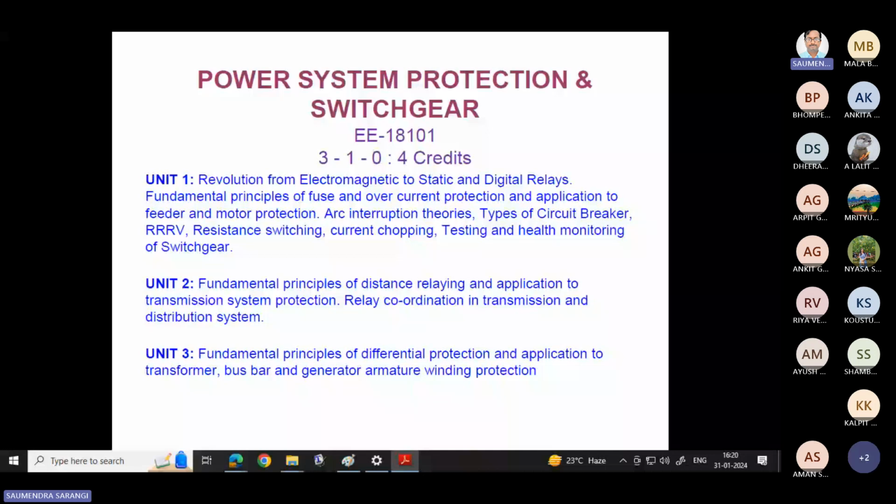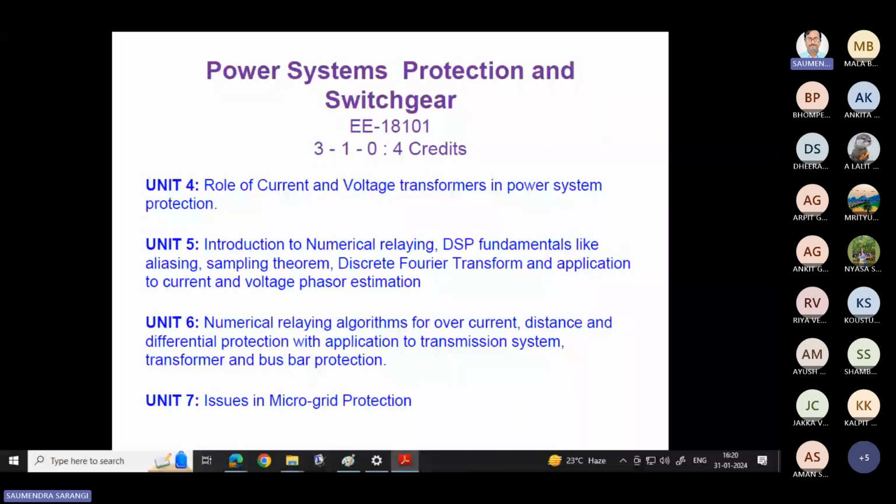Basically, if you understand this fundamental protection of differential protection, then transformer protection, all this we need to understand the need of the protection scheme. Then if you go to the next unit, we have the CTPT, that is current and voltage transformers in our system.